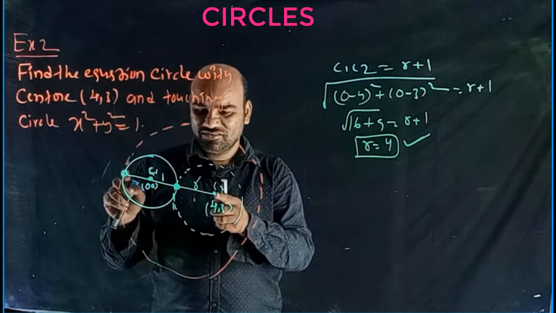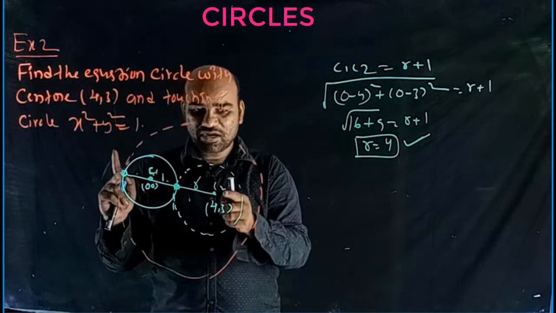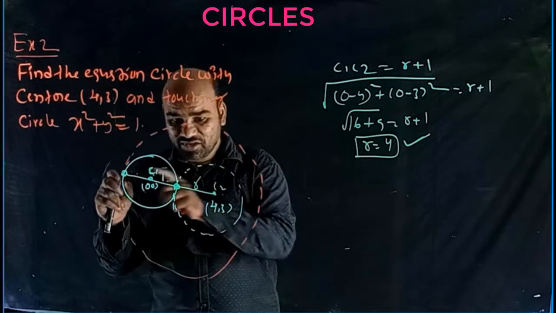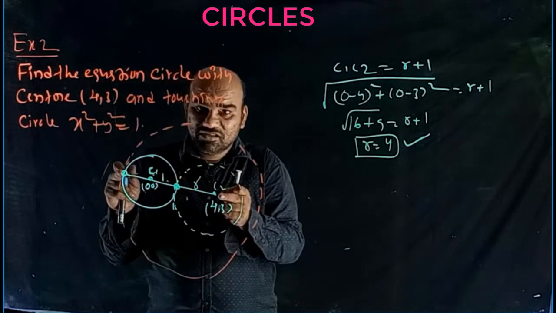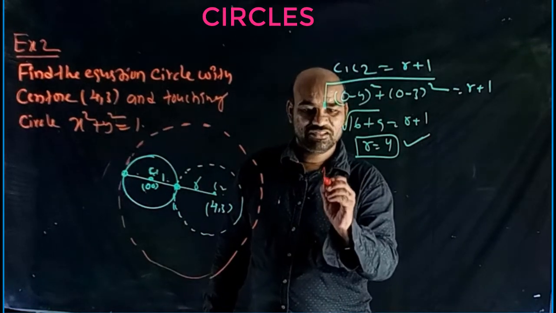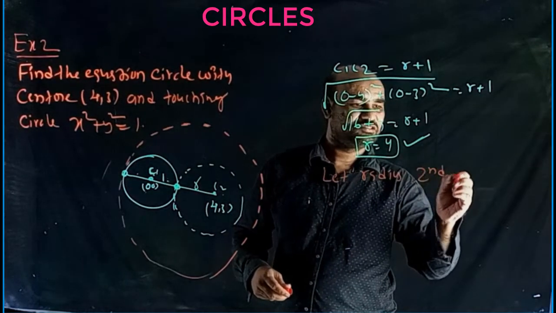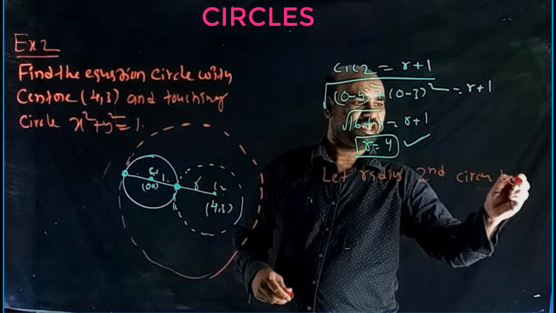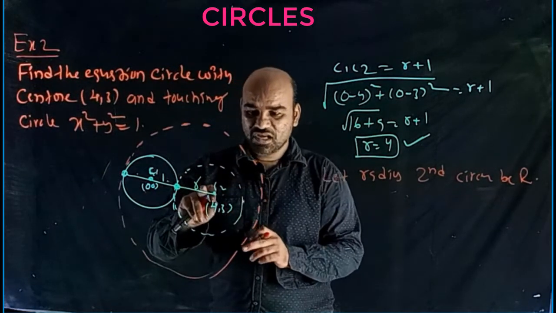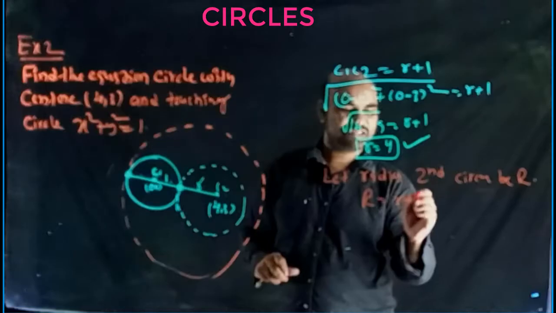Next, now I want to find the radius of the bigger circle. Small r plus 1 plus 1 gives capital R. Let the radius of the second circle be capital R. So capital R equal to small r plus 1 plus 1.